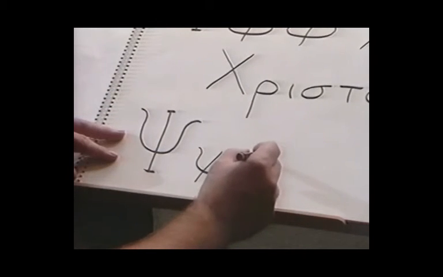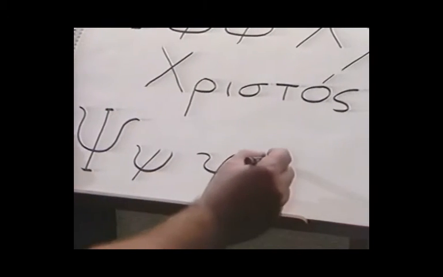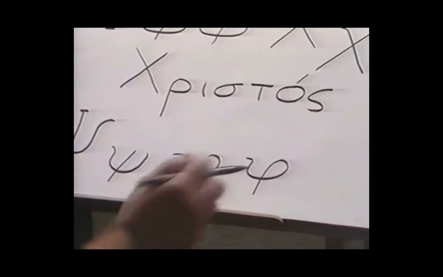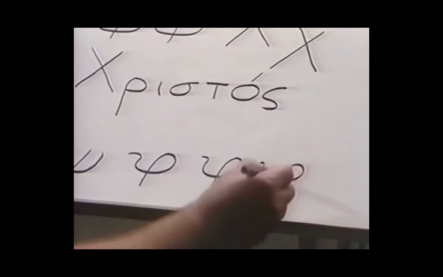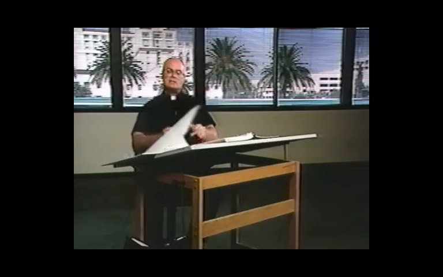Or sometimes you'll see it made like that. Either way. I actually prefer it this way, but either way is okay. Psi. The psi is equal to an English ps and has the same pronunciation ps, as in the English word lips.